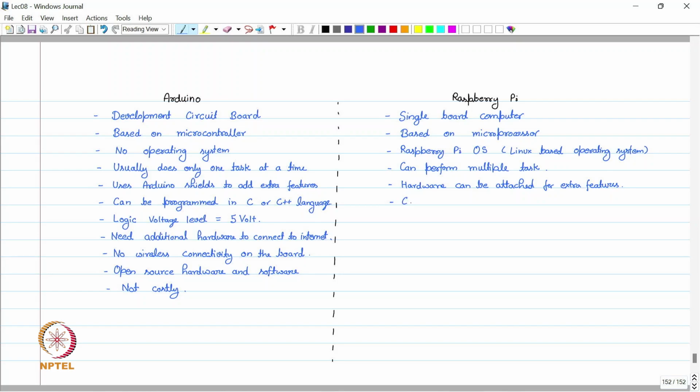Can be programmed in multiple languages: Python, C, C++, etc. The logic level is 3.3 volt.